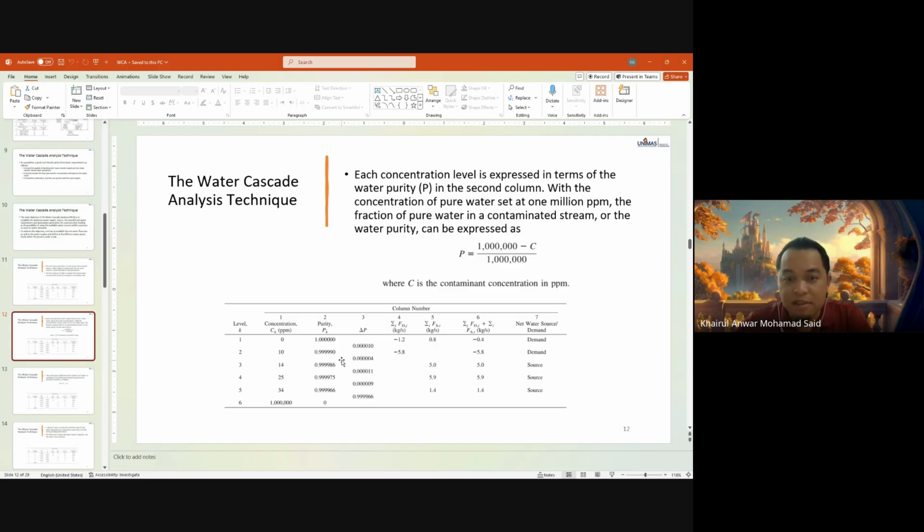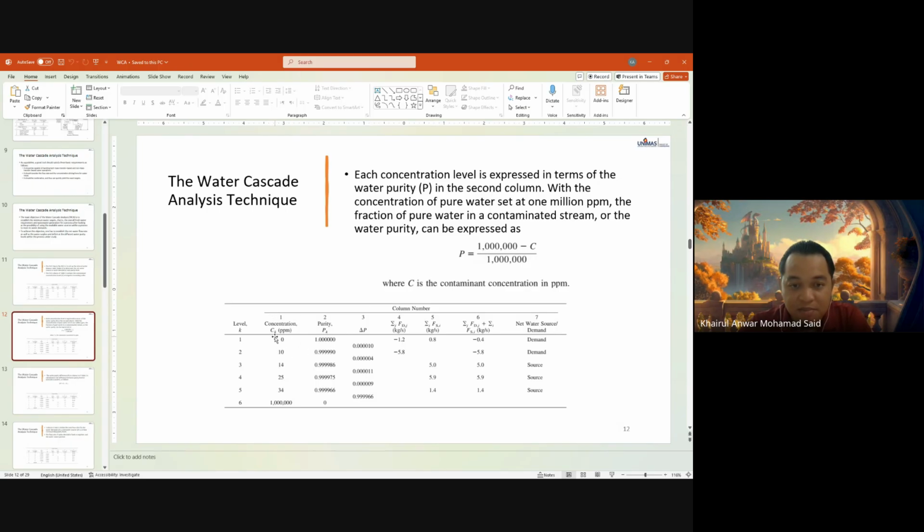For each concentration level, in terms of water purity in the second column, with the concentration of pure water set at 1 million ppm, the fraction of pure water in the contaminated stream can be expressed as P equal to 1 million minus C over 1 million. C here refers to column number 1.